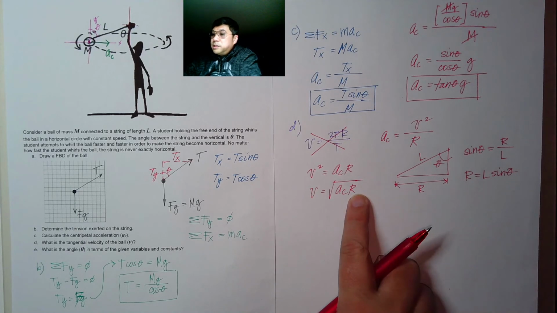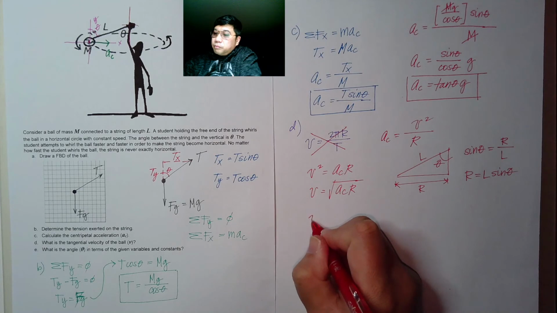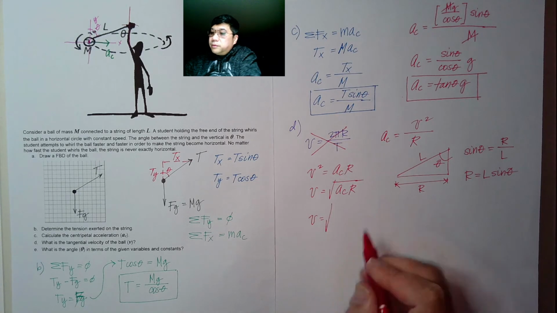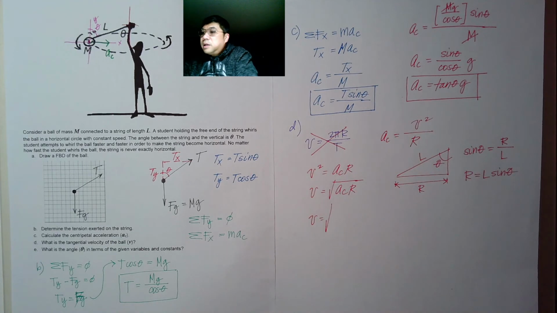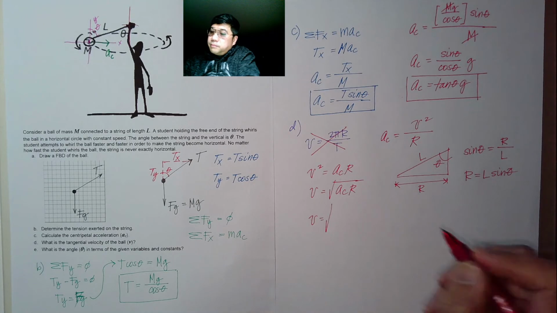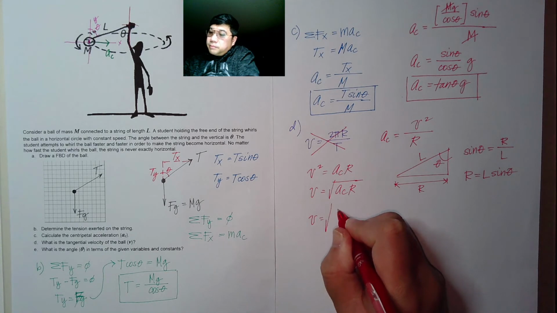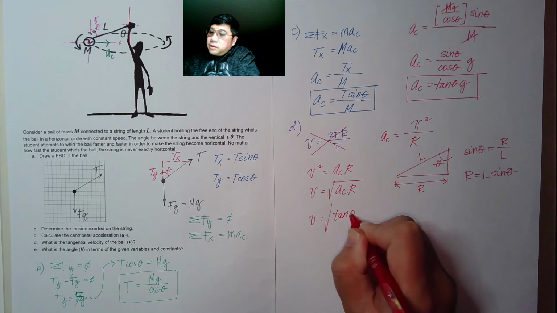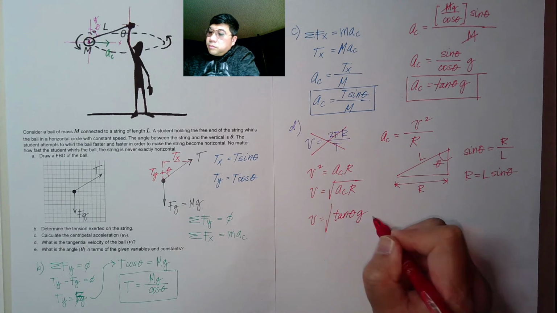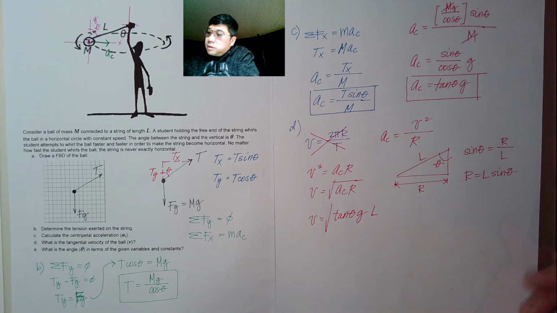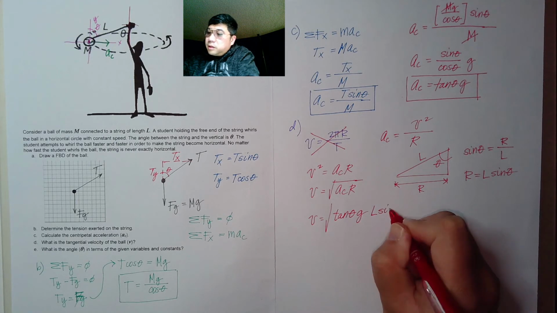So let us replace this value right here. Square root of a sub c. Now let's put our a sub c, which is tangent theta times g, multiplied by L sine theta.